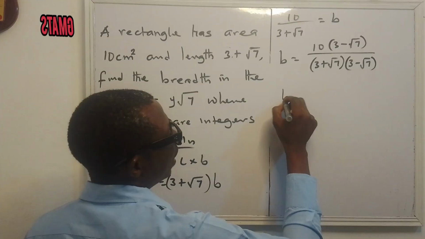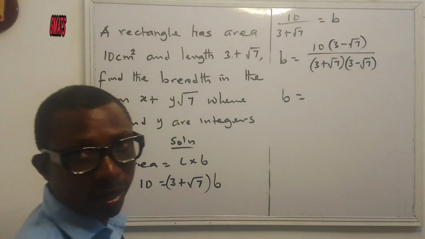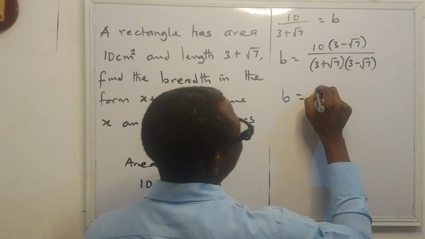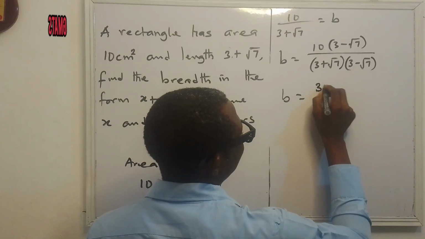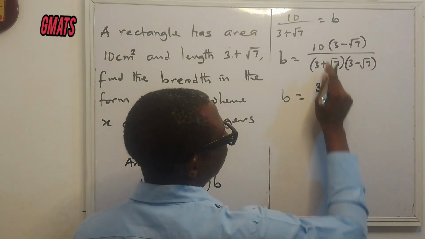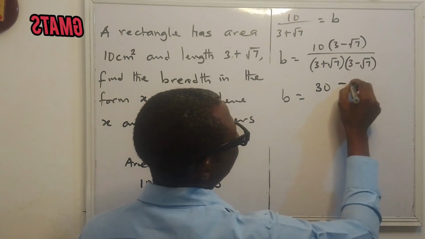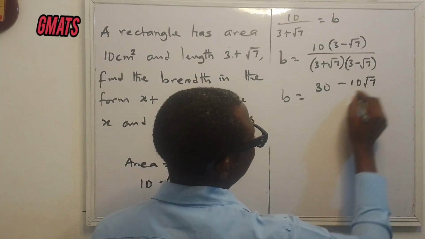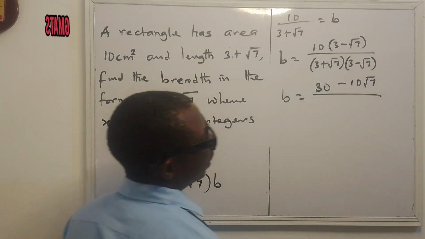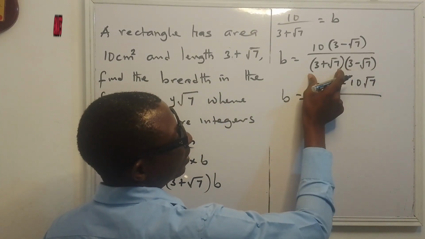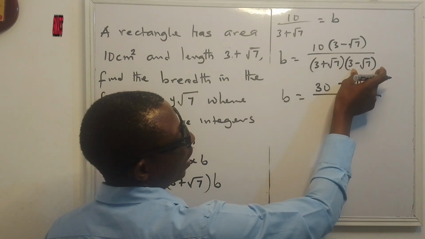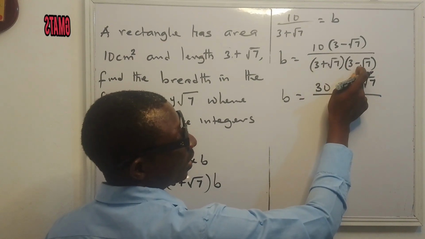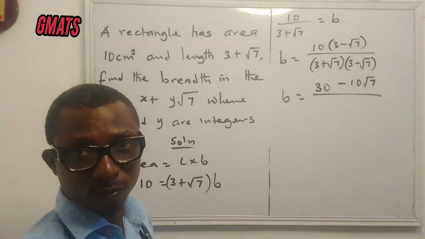If you do that, now we open the brackets. So you have 10 times 3 is 30, minus 10 square root of 7, over. Now, since these are the same thing but opposite sign, I'll be using the principle of difference of two squares.